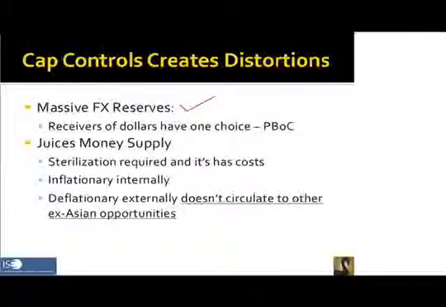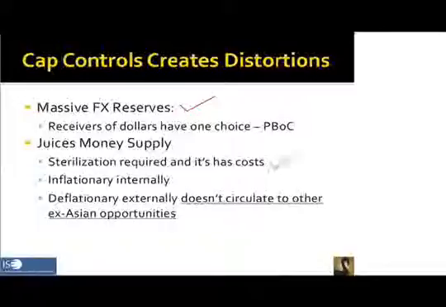Their choice really is to put the money in the bank. And what this does, as I said earlier, it tends to create forced savings. And China is very happy to have forced savings because they'd rather have forced savings in an export-driven economy. The forced savings give them a massive pool of funds to continue to strengthen their industrial base. So it's a significant policy that goes hand in hand with the suppression of the currency, the capital controls.